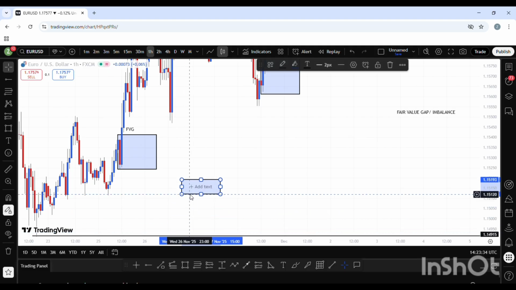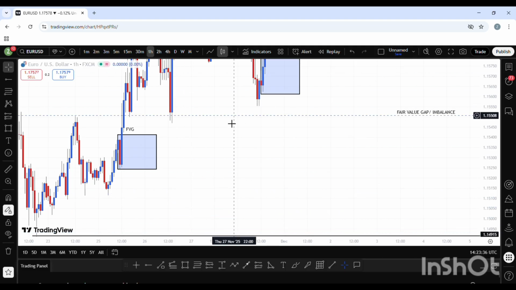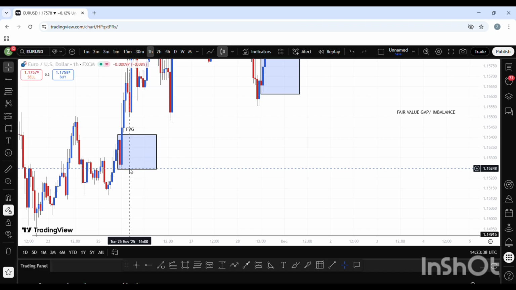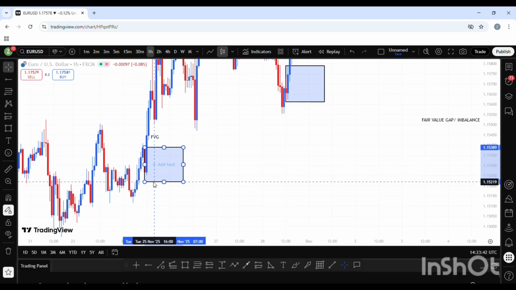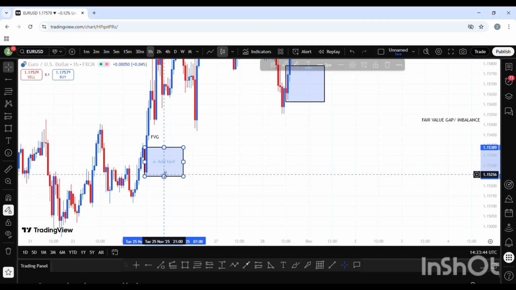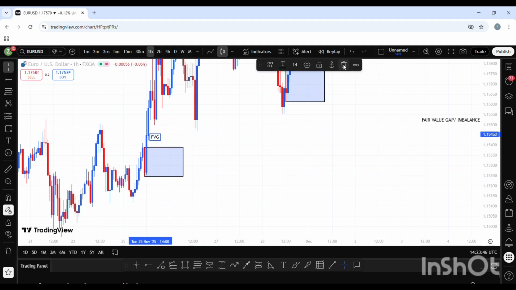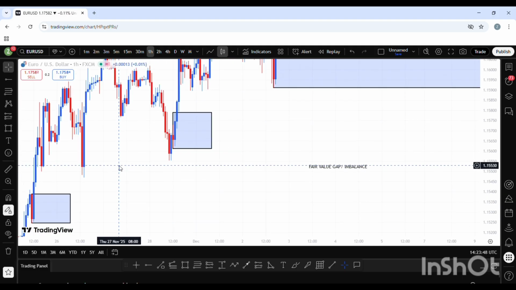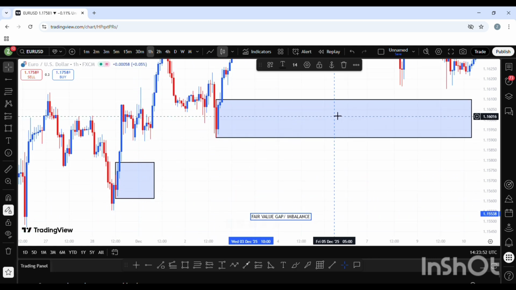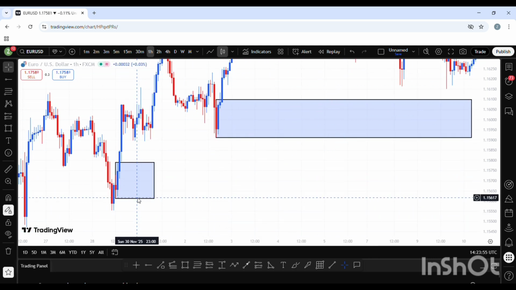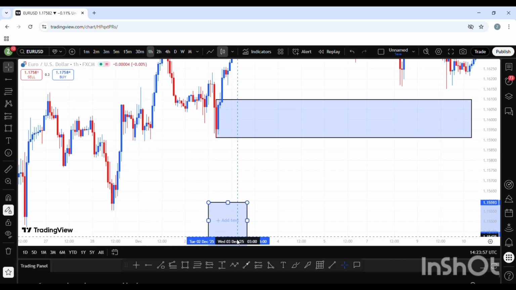It's so risky. It's not proper risk management. So as you can see here, what was an order block has changed to FVG, and what was an FVG has turned into order block.